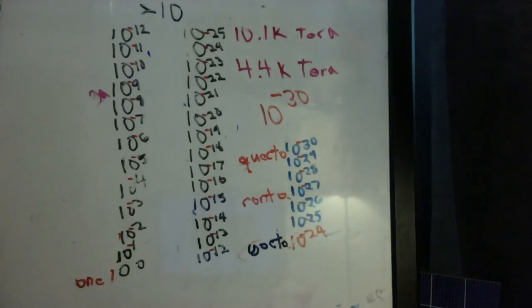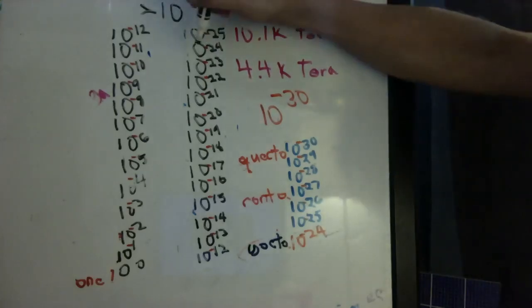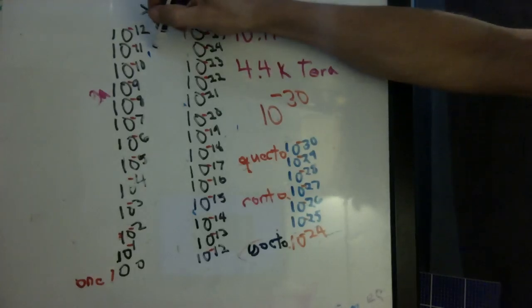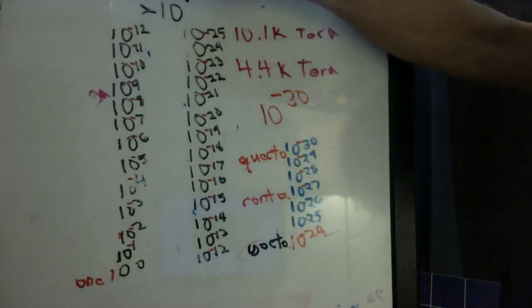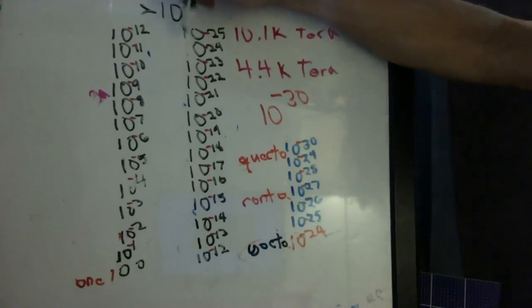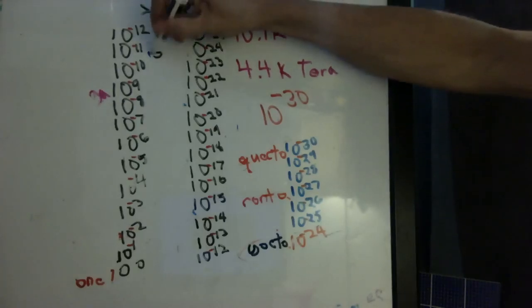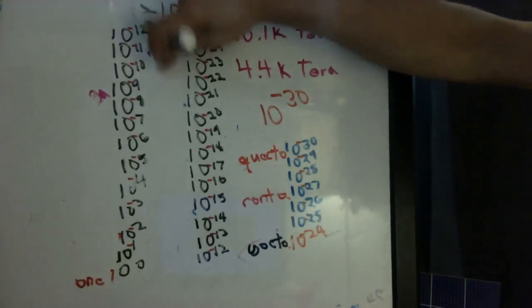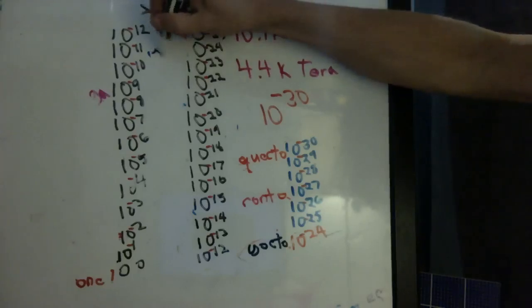And then at -24, we have zepto, which is a sextillionth. Wait, coming in at -21. Yeah, there you go. I'm in the Department of Redundancy Department.